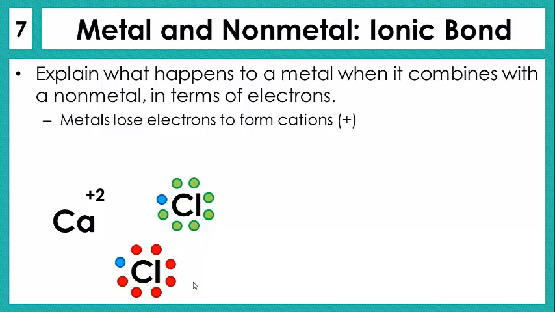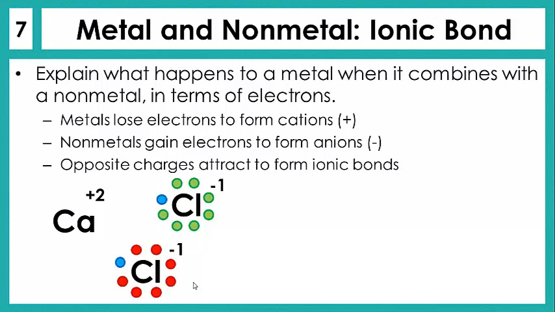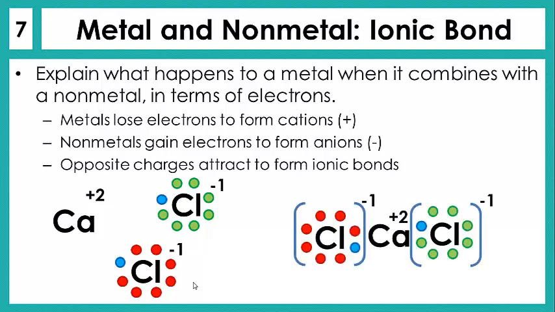In this case, it's going to be +2. Nonmetals gain electrons to form anions. So each nonmetal gained 1 electron, making them each -1. Now we have opposite charges, and those charges attract to form a bond. So metals always react by losing electrons, forming cations. Nonmetals always react by forming anions.